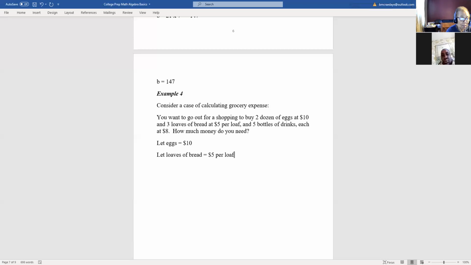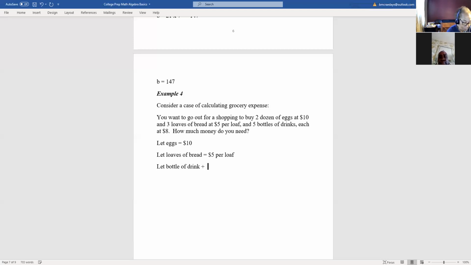Oh, I didn't even see it was per loaf. Yes, per loaf, right? What about the drinks? It said, let 5 bottles of drink is $8 each. What's one bottle? $8.